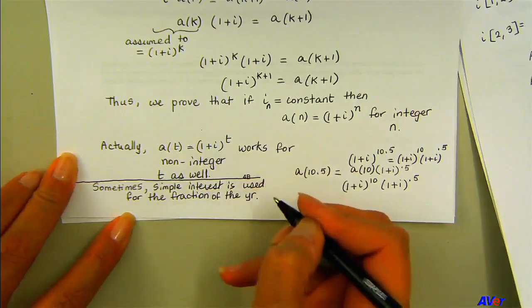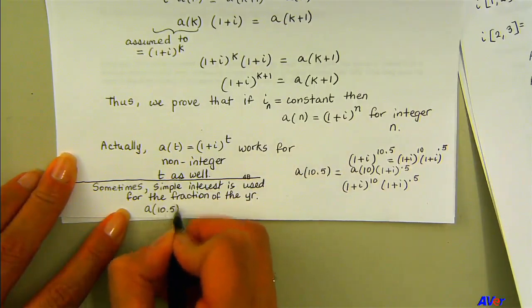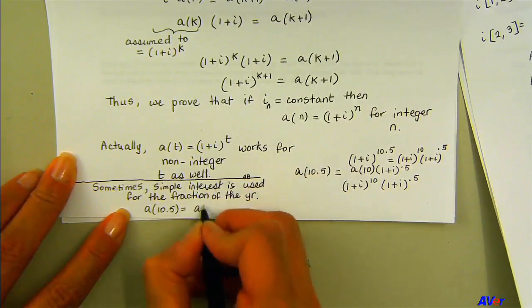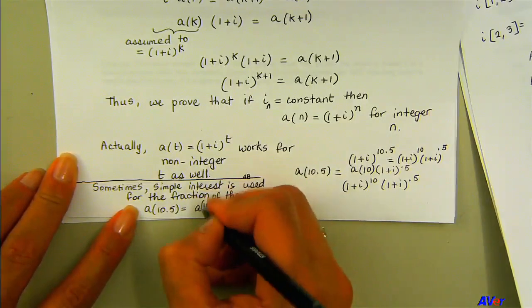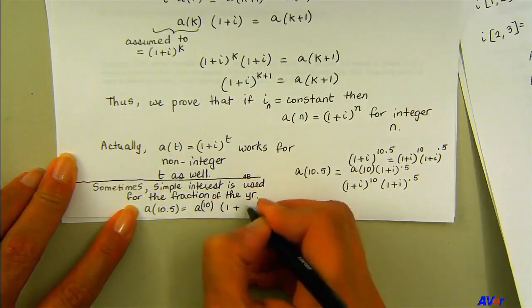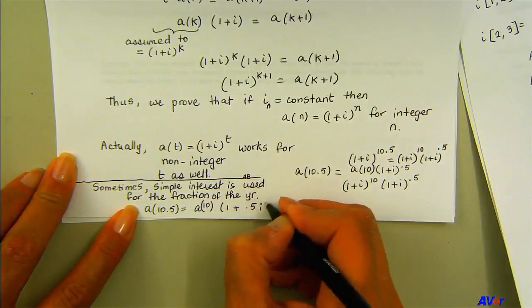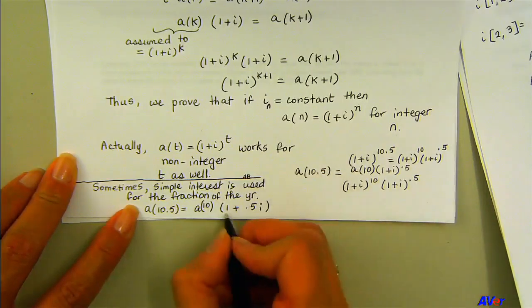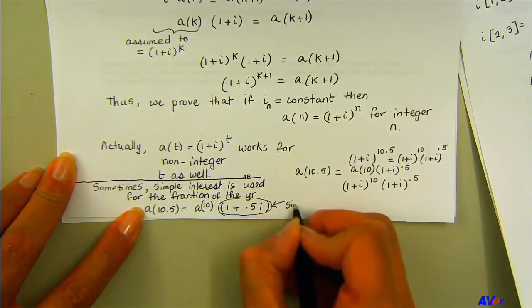So it's not unusual to say that a of 10.5 is equal to a of 10, compounding, and then 1 plus 0.5 i, where this part is simple interest.